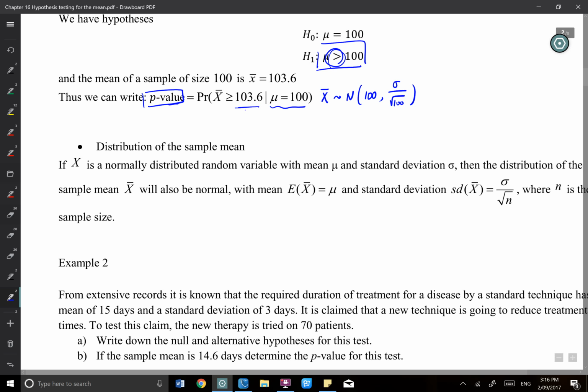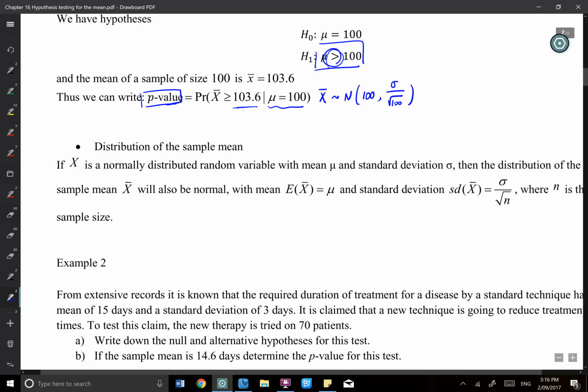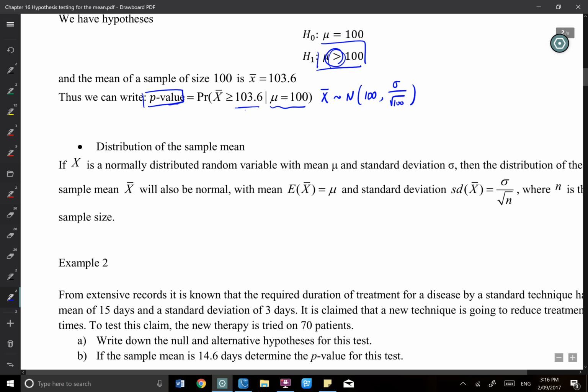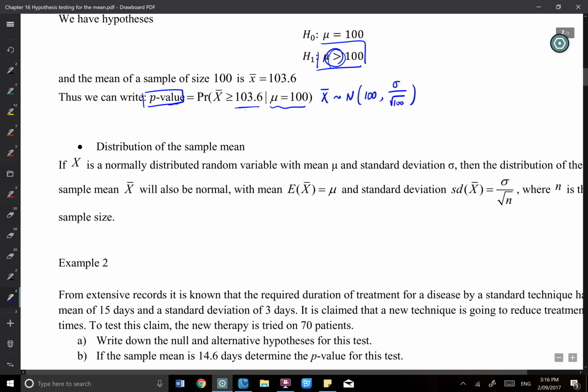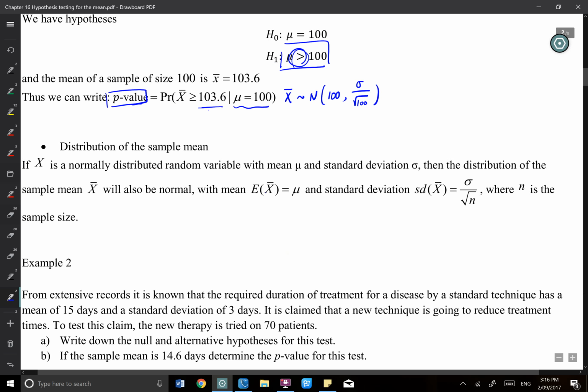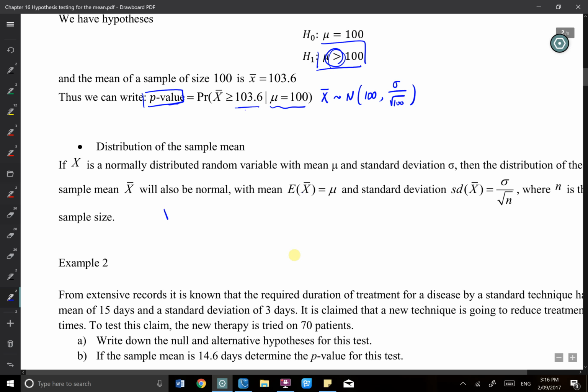If x is a normally distributed random variable with mean mu and standard deviation sigma, then the distribution of the sample mean x bar will also be normal, with expected value mu and standard deviation sigma over square root n, where n is the sample size. This was given already in the last chapter, chapter 15. So x bar is normally distributed with mu and standard deviation sigma over square root n.